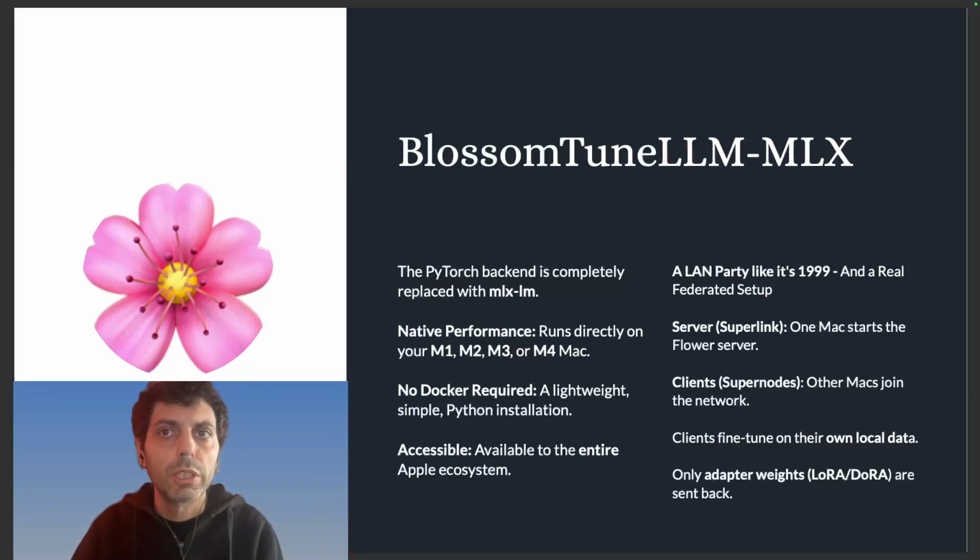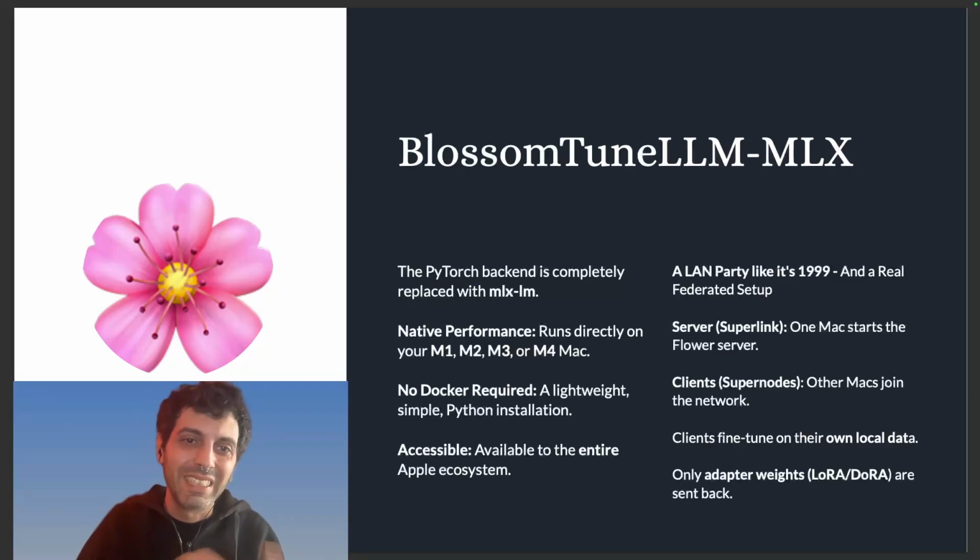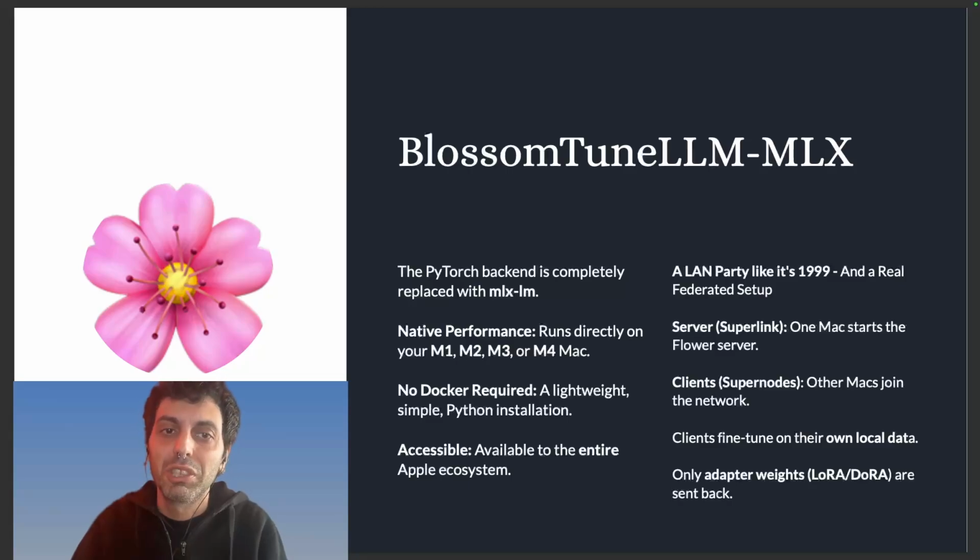You can just do a simple Python installation, and it just works. That would allow you actually to have a lot of fun and have a LAN party like it's 1999. That is something I've written in the README, because you can literally get a few friends, bring your MacBooks, connect to the same network, and collaboratively fine-tune a specialized model.